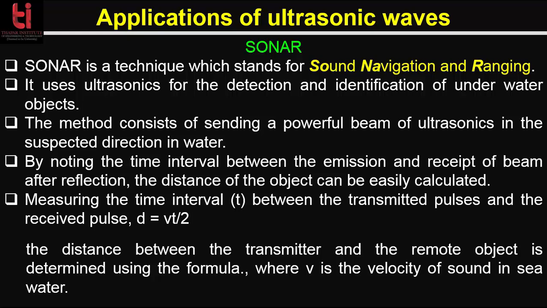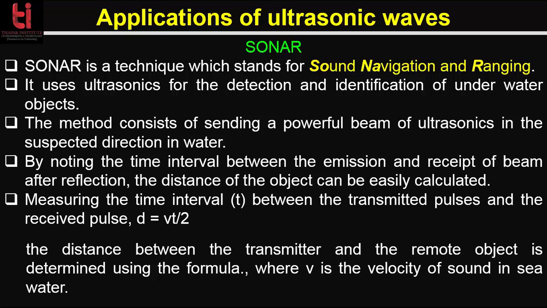Also, we use ultrasonic waves for sonar technology. Sonar stands for sound navigation and ranging. It uses ultrasonics for the detection and identification of underwater objects. The method consists of sending a powerful beam of ultrasonics in the suspected direction in the water.